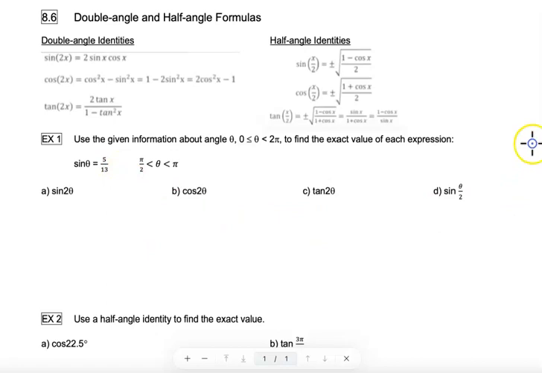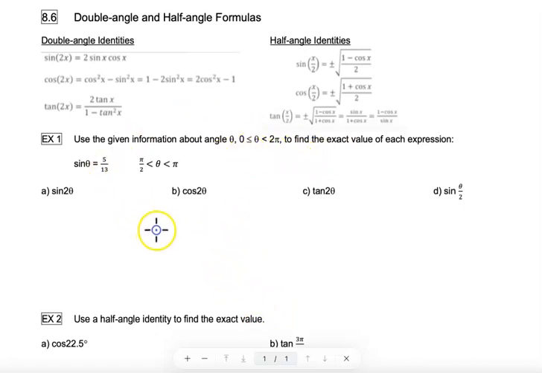All right, so here's the type of stuff we're going to see in the practice. Example 1, use the given information about angle theta, with theta being between 0 and 2 pi, to find the exact value of the expression. There's a whole section like this, and all the thetas are between 0 and 2 pi.